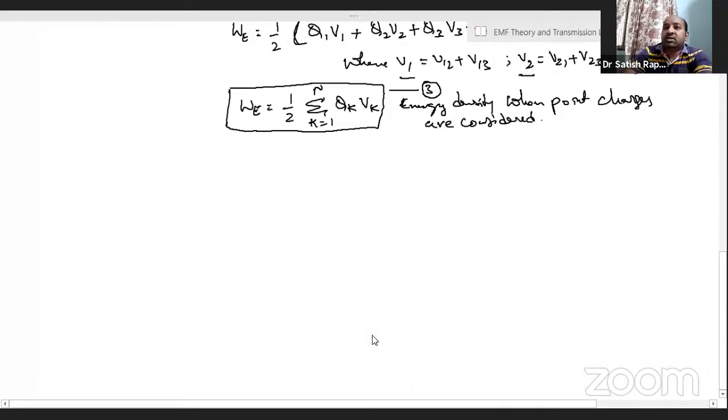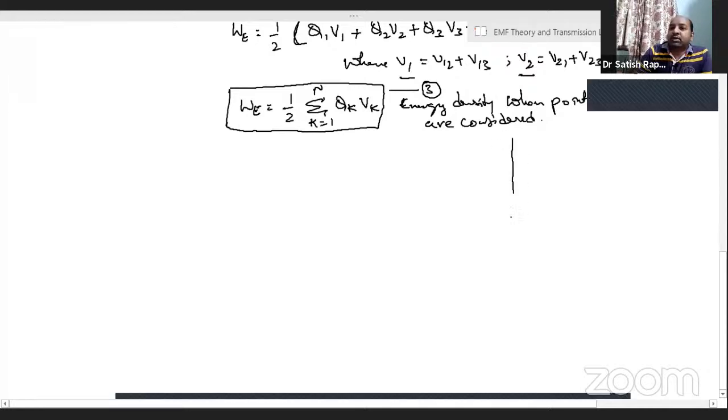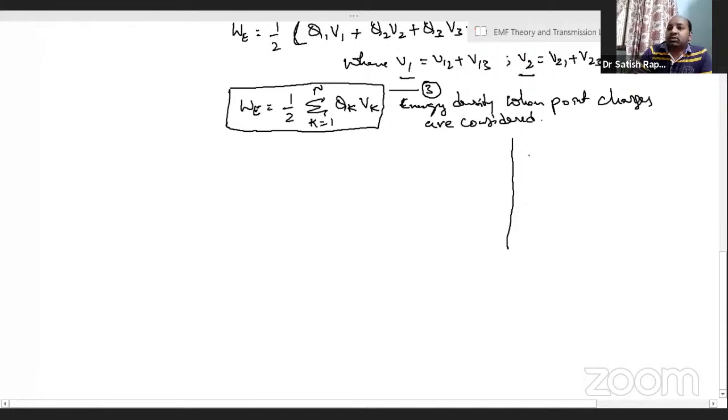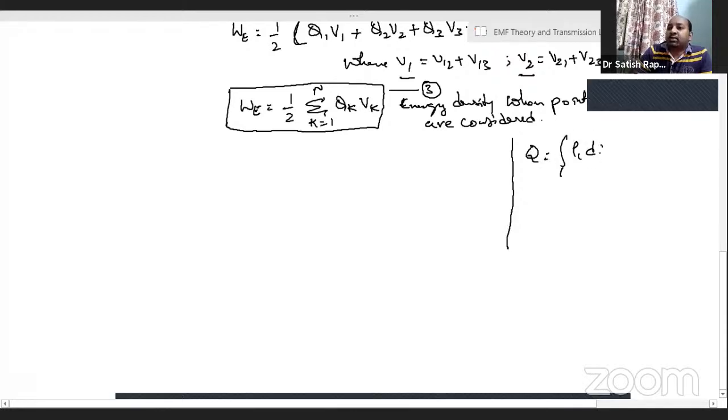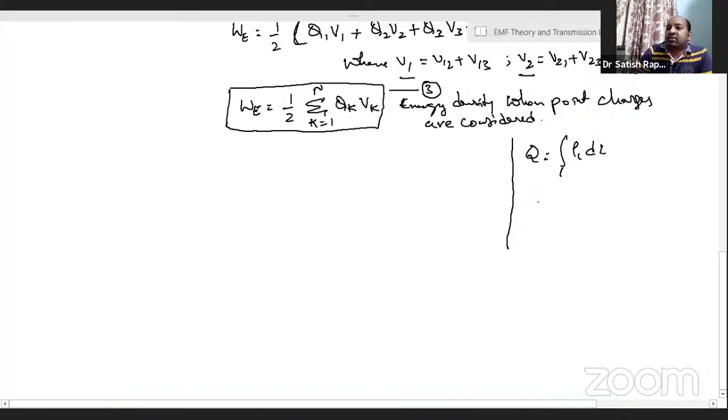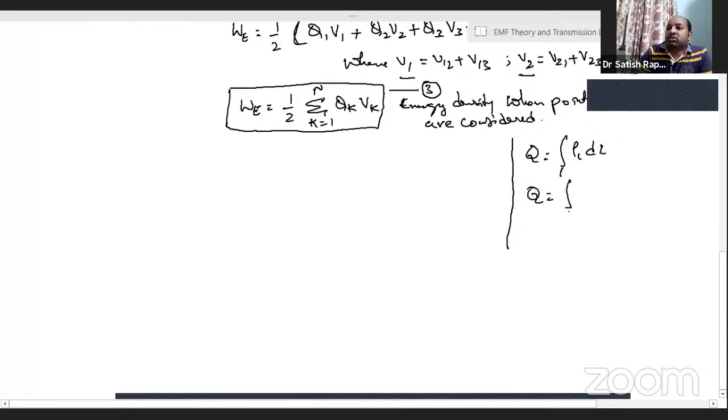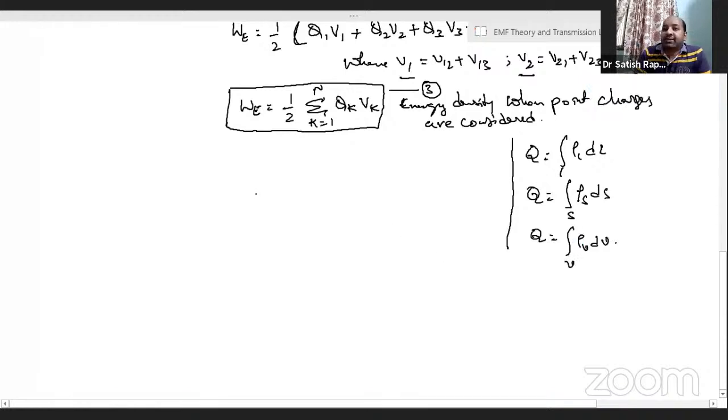Then equation 3 becomes, we know that, just recollect this, for a line charge, Q is equal to line integral rho l dl. Similarly, if it is a surface charge, then Q is surface integral rho s ds. If it is a volume charge, then volume integral rho v dv, right?